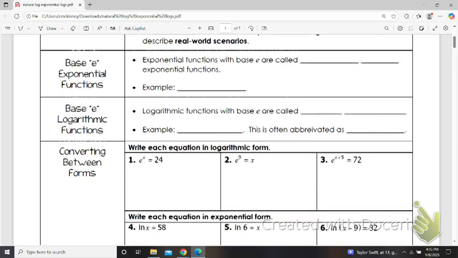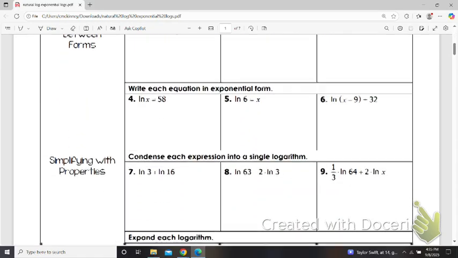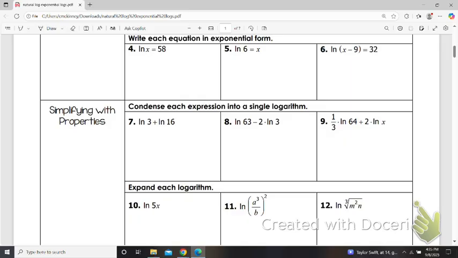So now we're going to go back the other direction, and we're going to write these back in exponential form. So the base, if it starts out with natural log, we know the base is e. The exponent, remember, is the one over there by himself, and it equals the argument. So e to the x power is equal to 6.